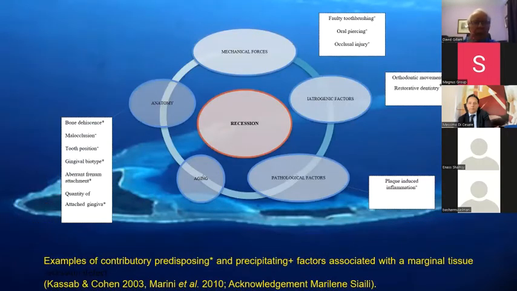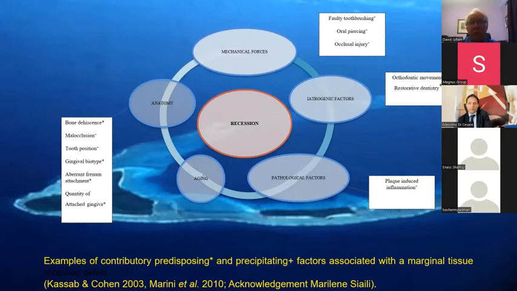So here is this diagram, which is a combination. Marilena was a postgraduate student, and she combined this from Marina et al. 2010 and Kassab. And you can see that there's a number of factors that are involved: mechanical forces, the anatomy, aging, pathological factors, and iatrogenic factors.